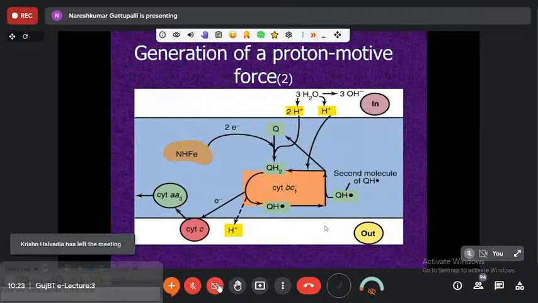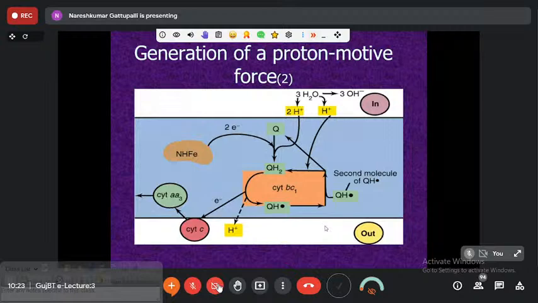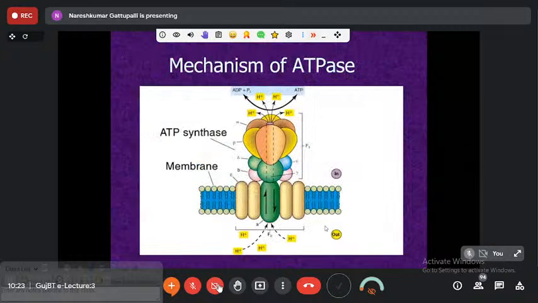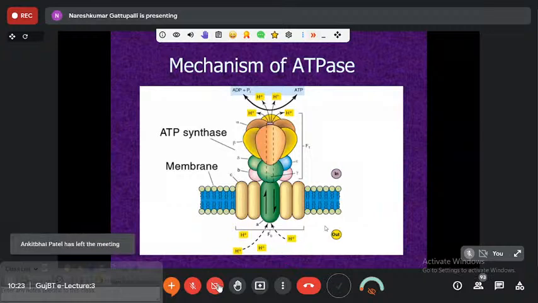So it is very important for most of us to realize that the function of electron transport is not to generate ATP, it is to generate proton-motive force. And how this proton-motive force generates ATP is mediated by the enzyme called ATPase. And this is a very fantastic enzyme.